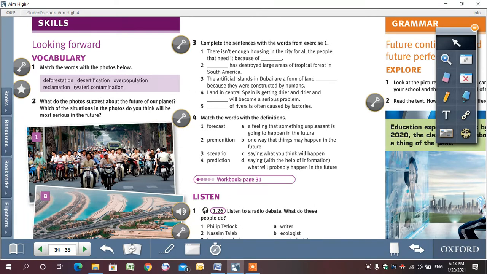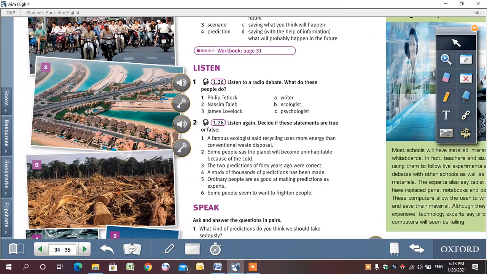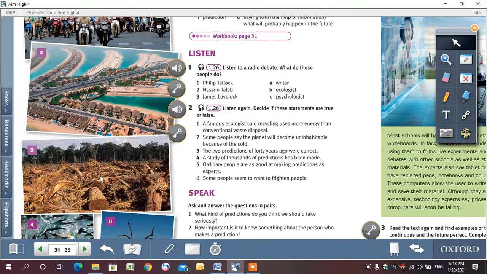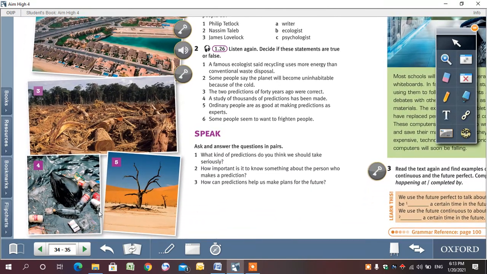Alright, so you can say the first one, this picture is what? Yes, correct. It's overpopulation. Number 2, reclamation. Number 3, deforestation, to cut the trees in the forest.